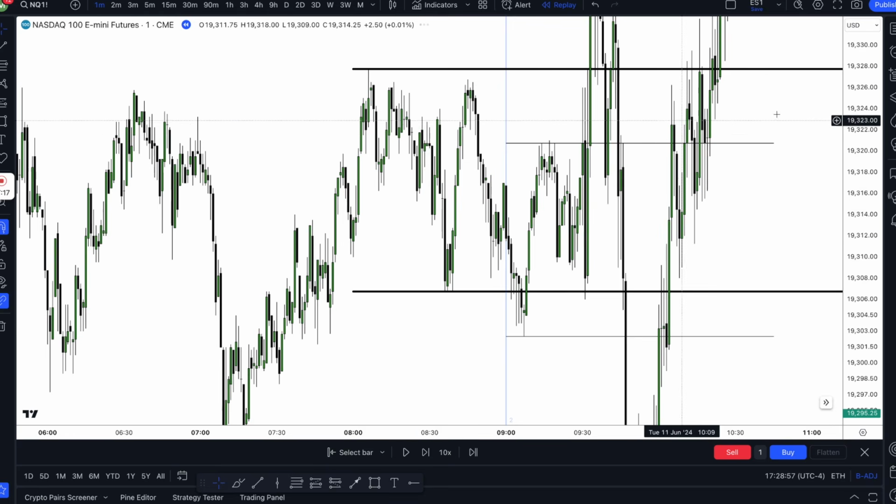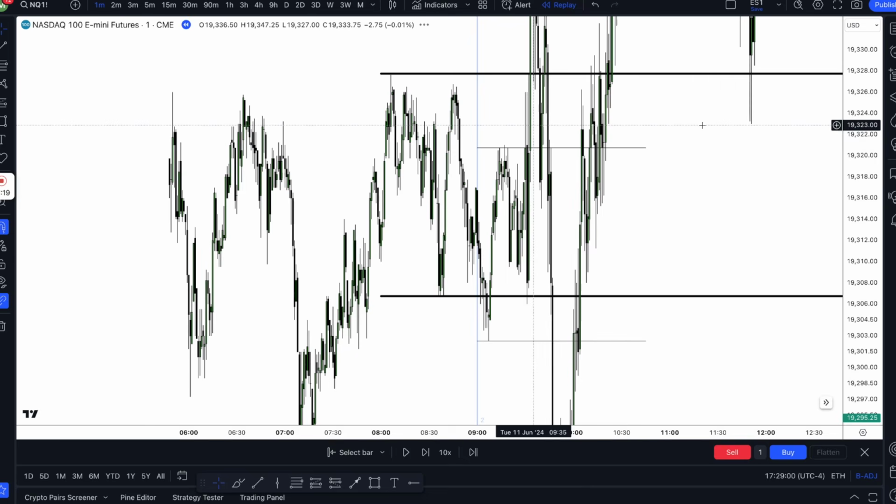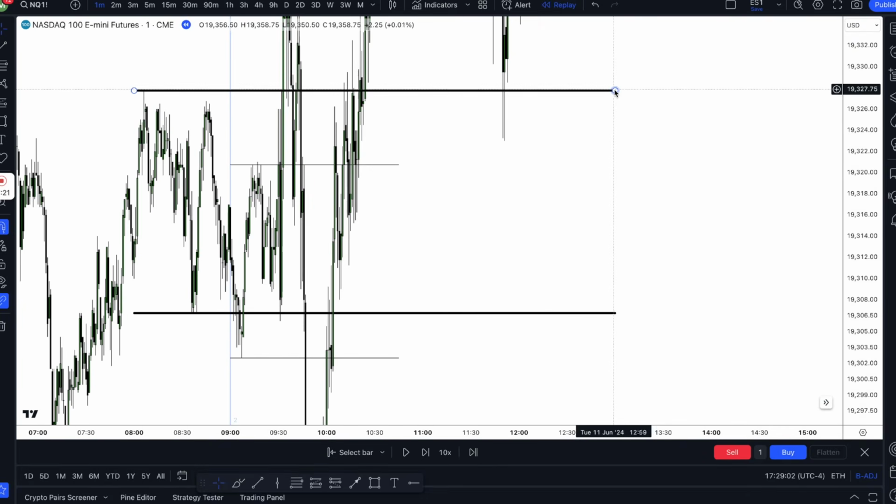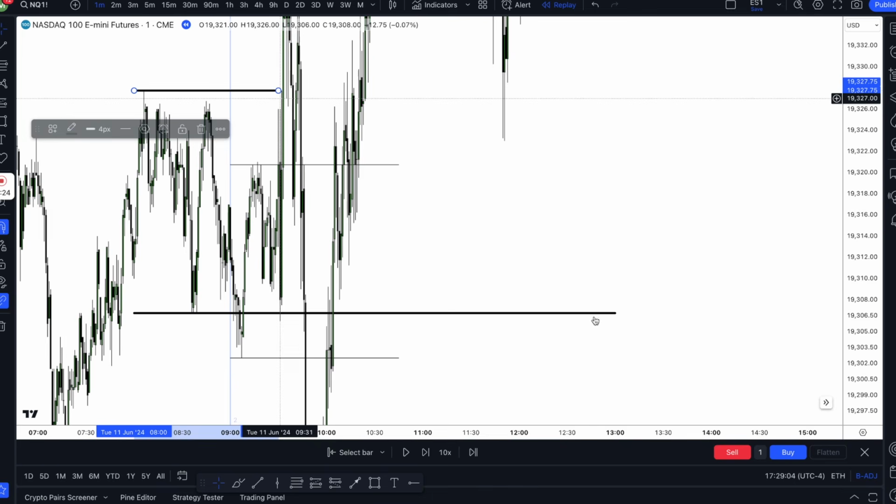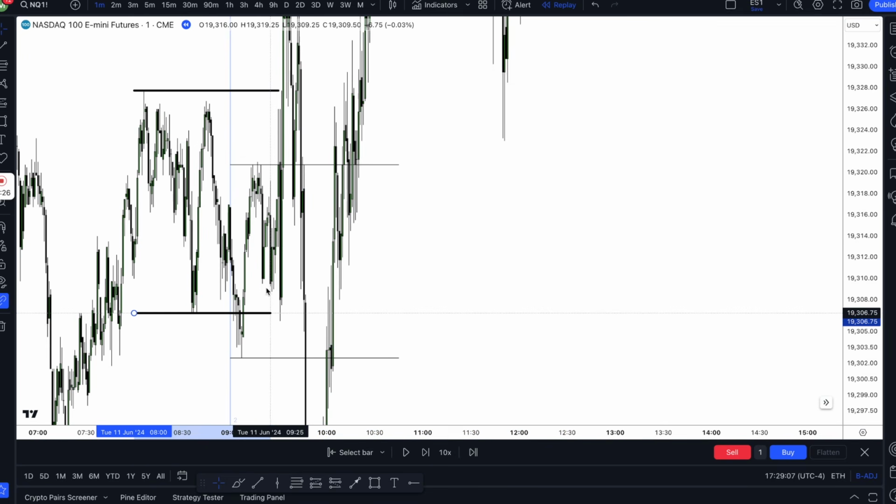Where do you take partials? Once again, you always take partials at the midpoint of the 8 a.m. candle high or low, depending on the range.